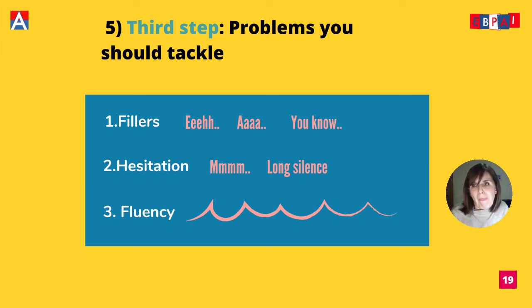But you should try to avoid a very long pause or thinking like, I don't really know what to say, because it looks like you don't know your subject. That's the main problem. And the third problem is fluency. And fluency can only be solved by practicing, just by using the language and trying to see the type of mistakes that you make and correcting mistakes. And that's the way you do it.